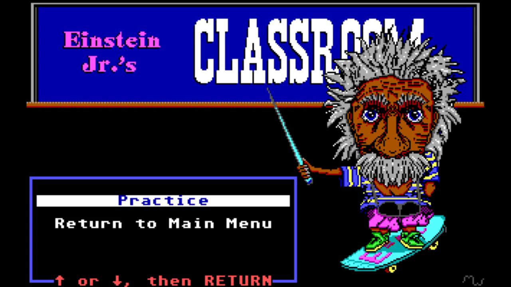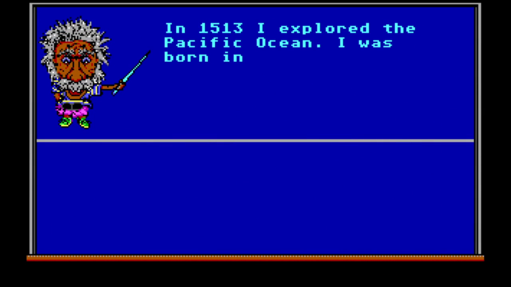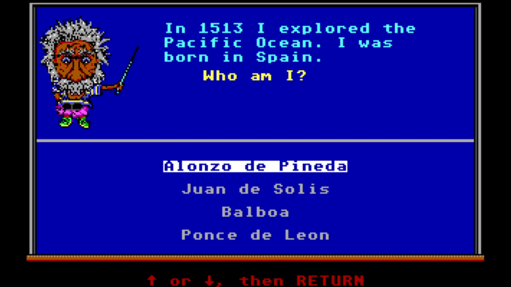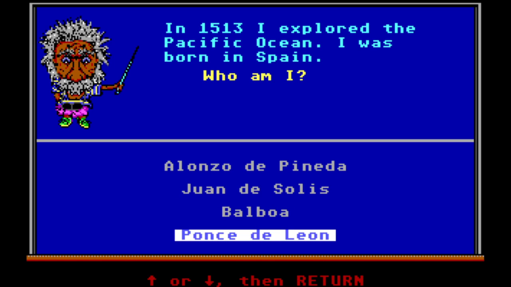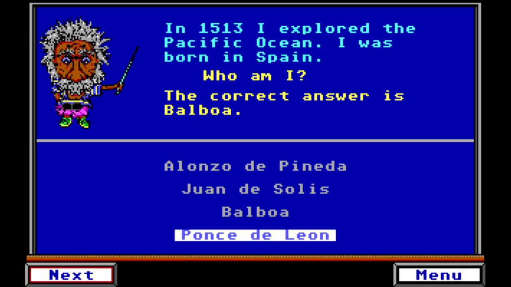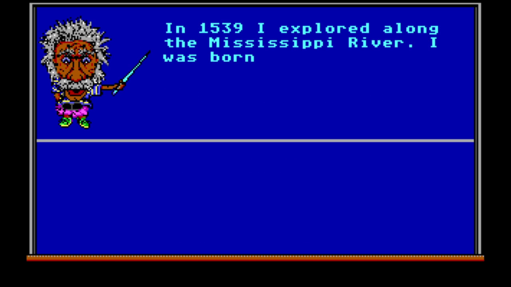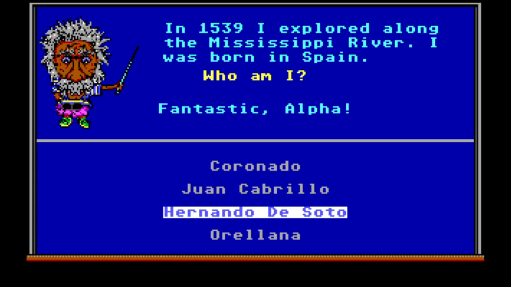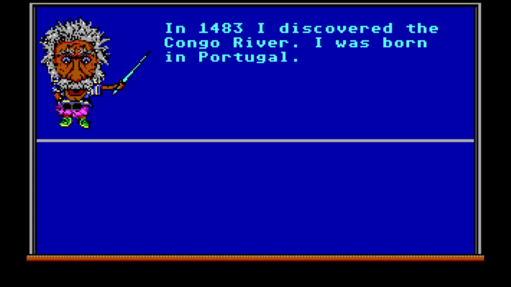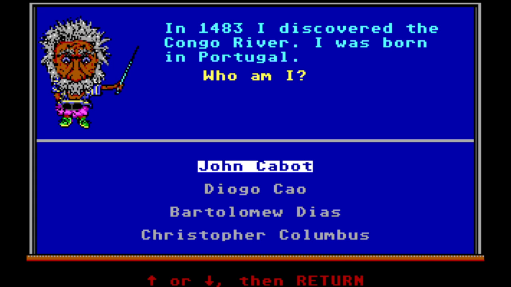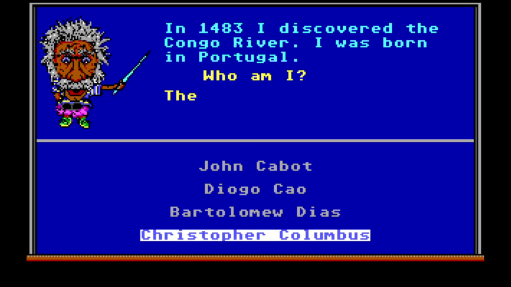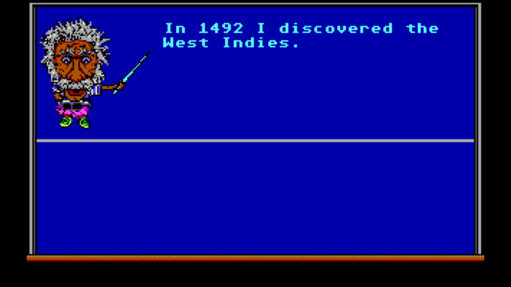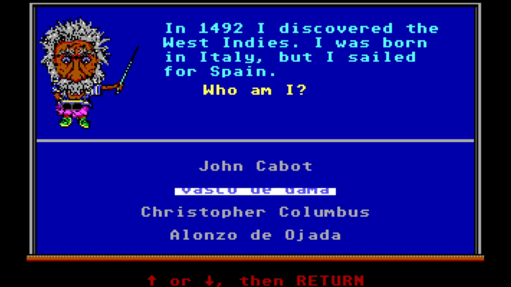Explorers riddles. Ponce de Leon. Fuck. De Soto. Columbus. Columbus.